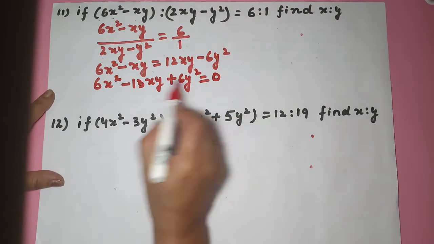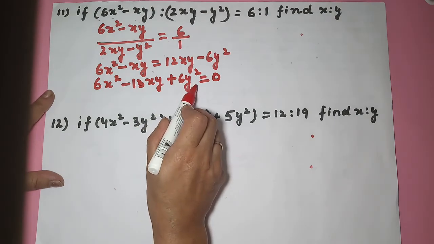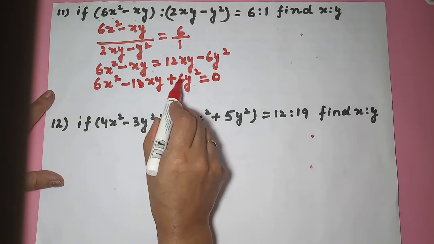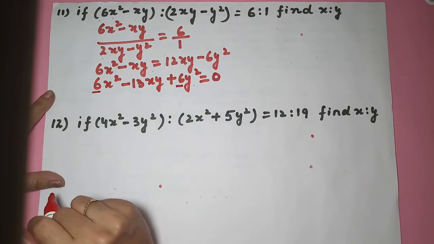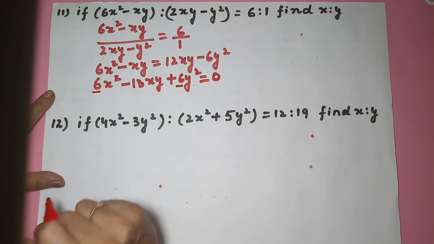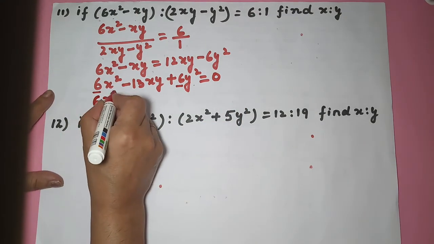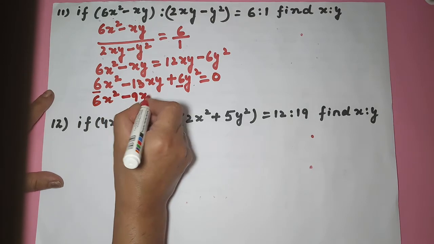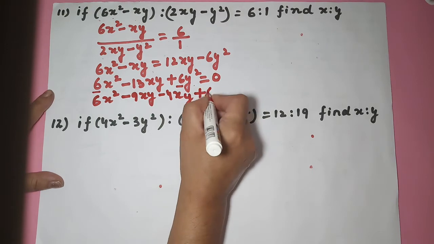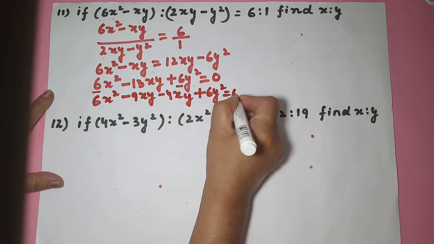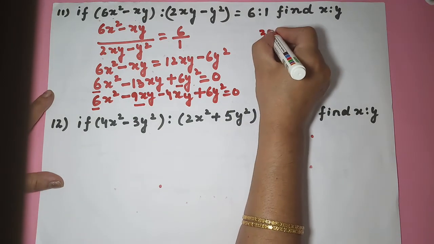If you look at this, we can factorize this equation. This has become the equation now. We can split the middle term and factorize it. Now 6 into 6 is 36. 2 factors of 36 which add up to 13: 9 and 4. So 6x square minus 9xy minus 4xy then plus 6y square is equal to 0. Now between this and this term, I can take 3 and x common.